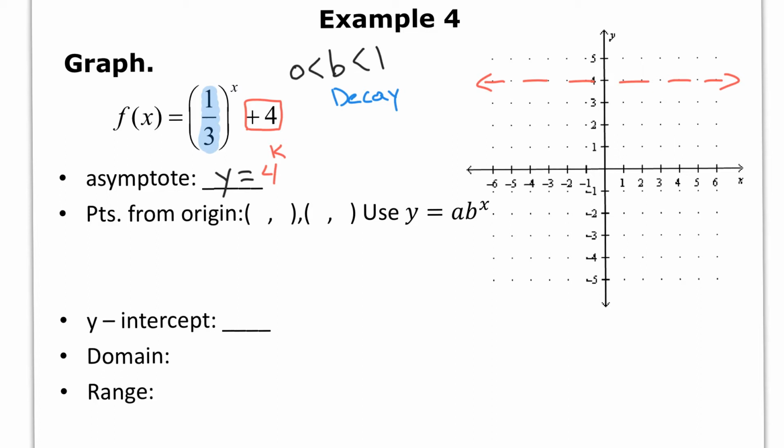Now notice that we do have a transformation. Let me just label the number 4 as k as well here, so you know that is your transformation. Your transformation says that the k value is positive 4. So your parent function, the one with no transformation, you move that up 4 steps. So whatever those points are, we're going to find those 2 points.